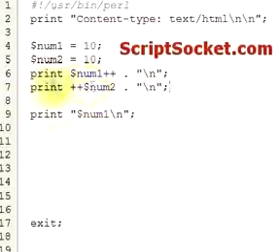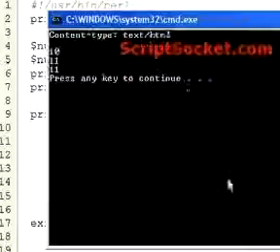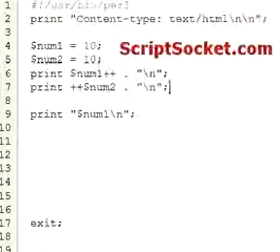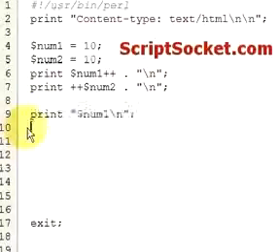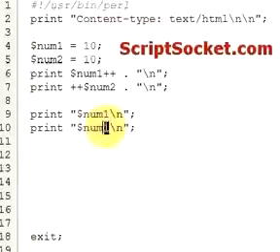So this will print out 11. So we will get 10, 11, and 11. And if we go on to print out num2 again, it will print out 11. So when we run this, we will get 10, 11, 11, 11.